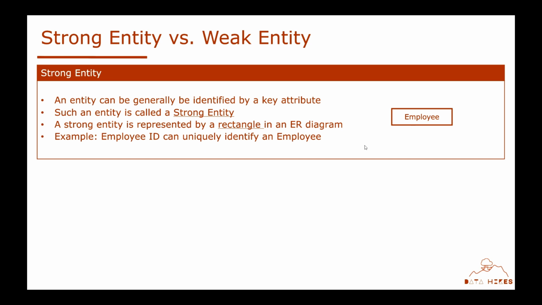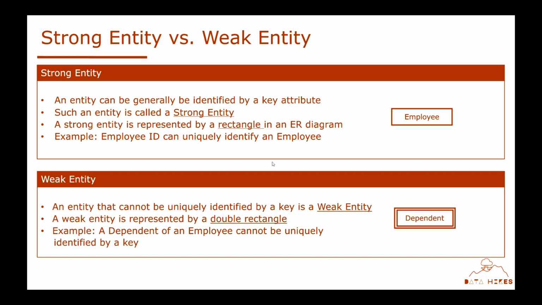Now let's see what a weak entity might look like. An entity that cannot be uniquely identified by a key is a weak entity. It is represented by a double rectangle, as you can see here. An example can be a dependent of an employee, who may be a dependent in the context of taxes or insurance, but this dependent is not really identifiable in the context of a company without going through that employee.